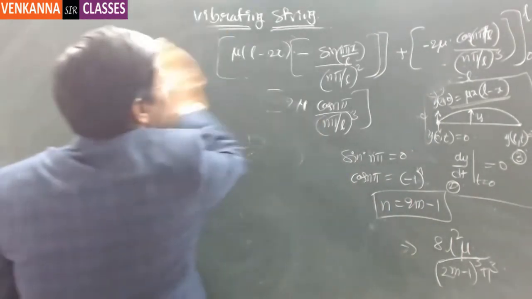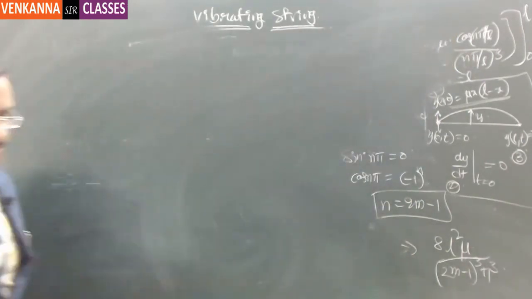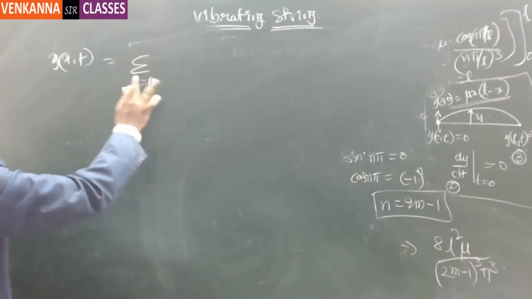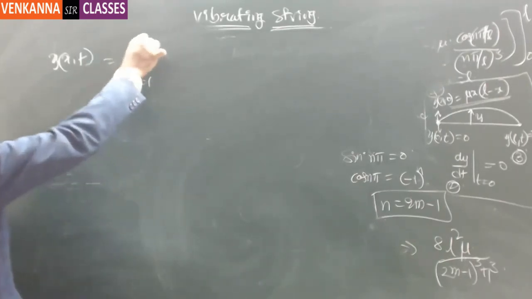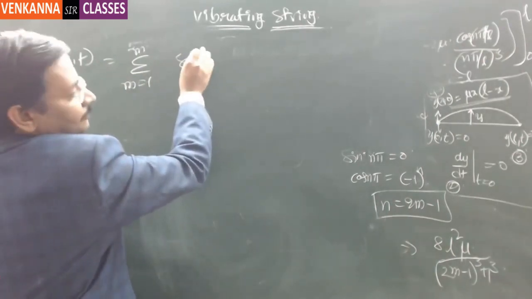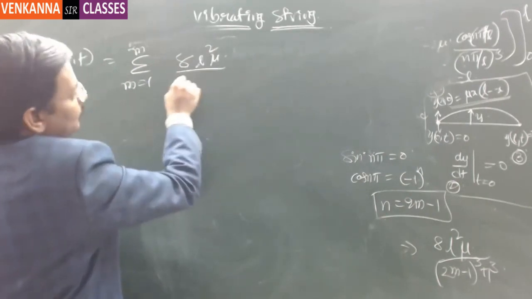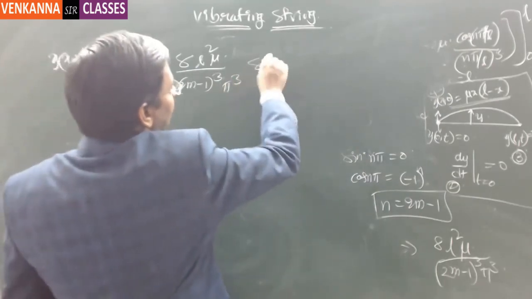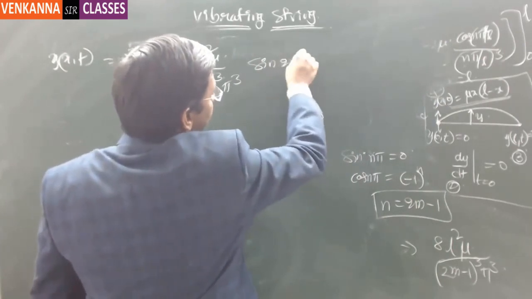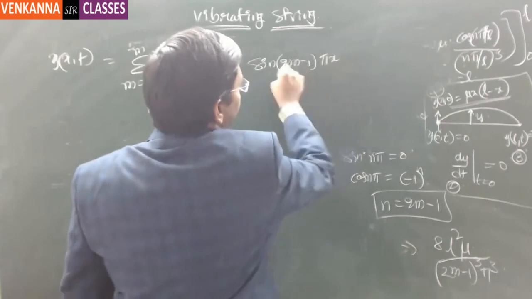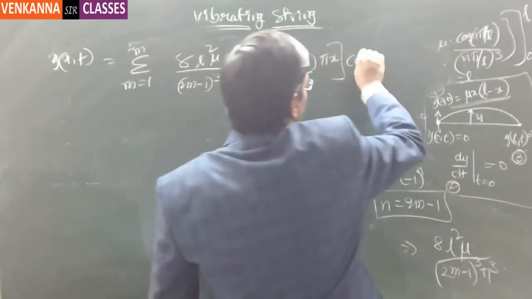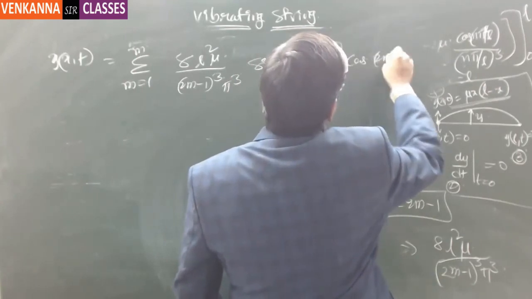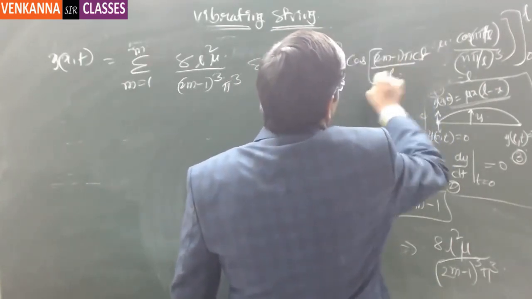The final equation we have got is y of x comma t equals sigma, instead of n now m from 1 to infinity, 8 L square mu divided by (2m minus 1) whole power 3 into pi cube, into sin of (2m minus 1) pi into x by L, into cos of (2m minus 1) pi into c into t divided by L. Got it?